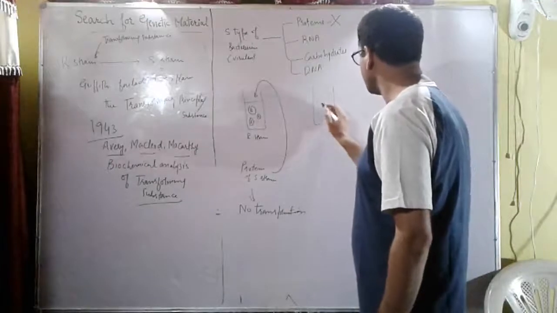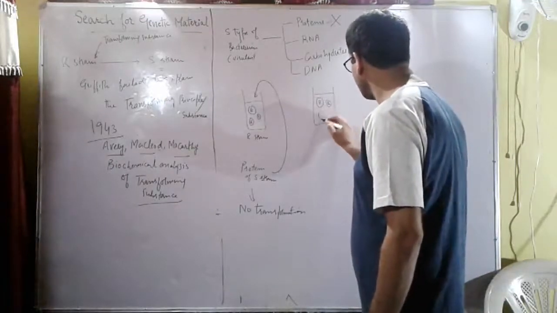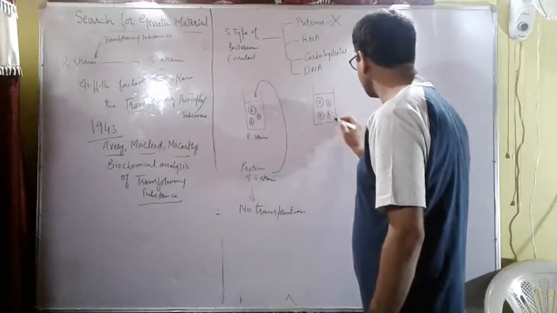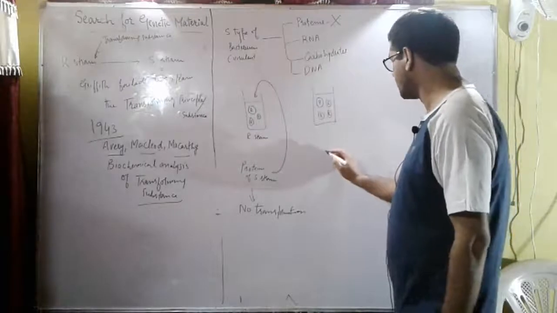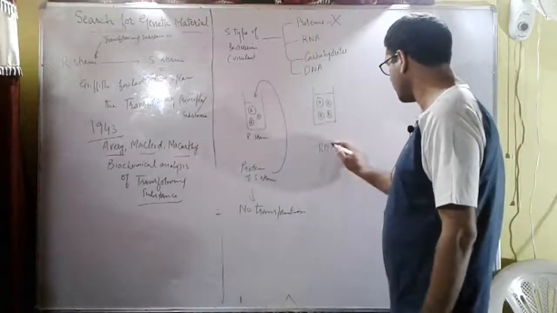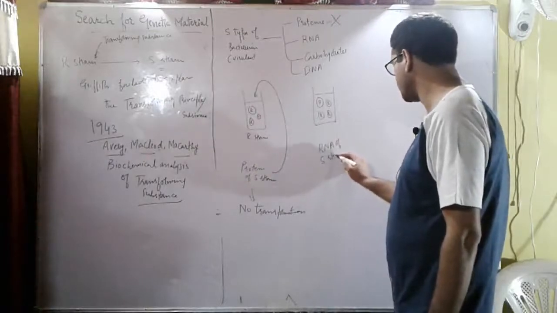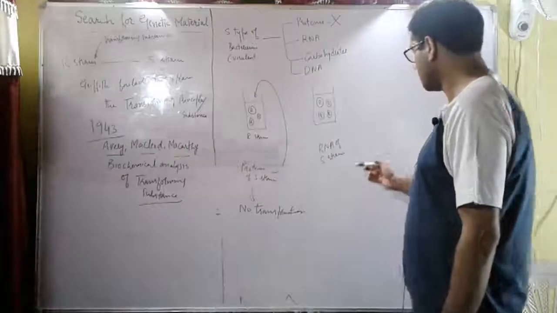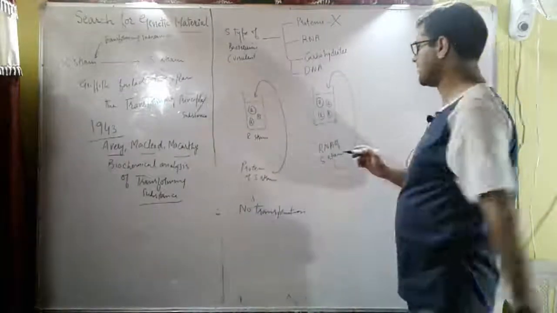Then next, same, we have a culture medium having living R type of bacterium, R strain of bacterium, and RNA of S strain was added to this culture medium having R strain of bacterium.